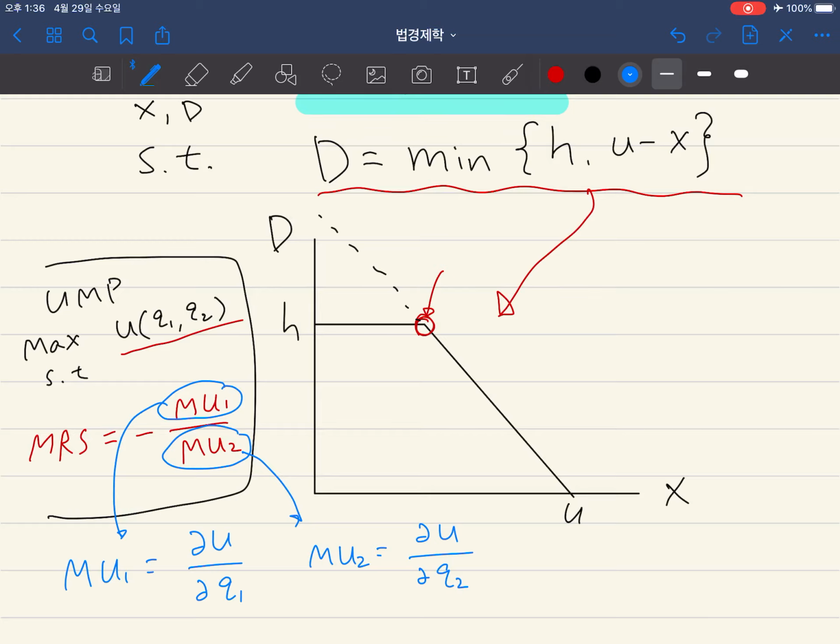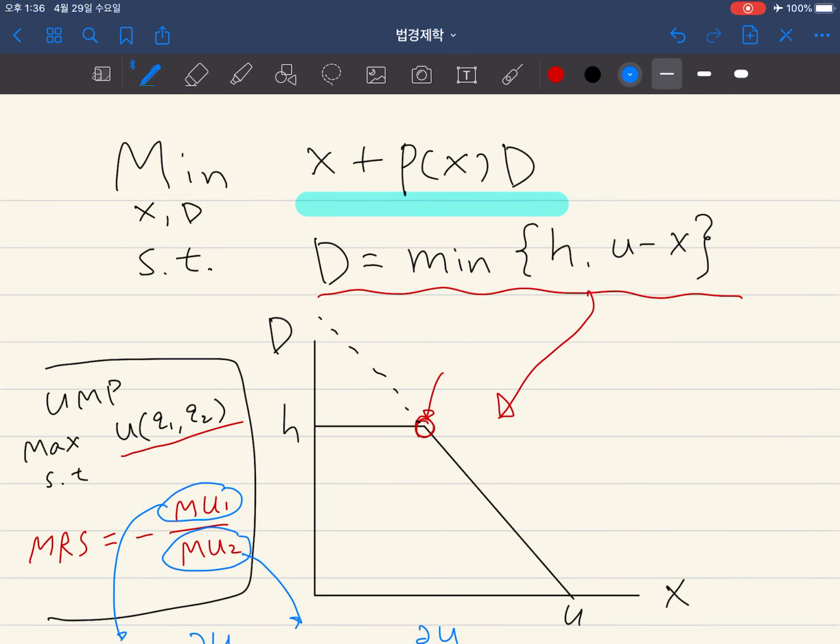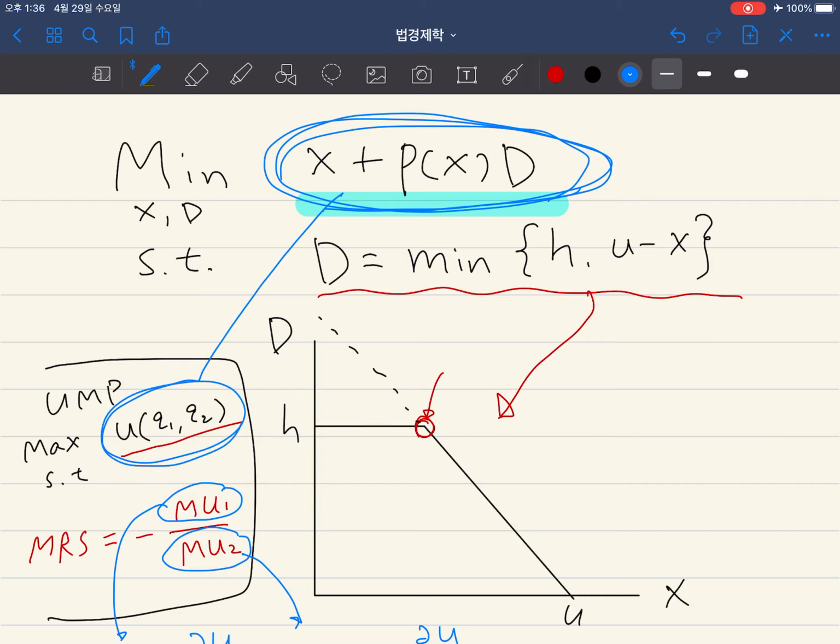So we're gonna use this formula here. What we want to do is draw something like an indifference curve using this objective function. So imagine that this function is something like a utility function.